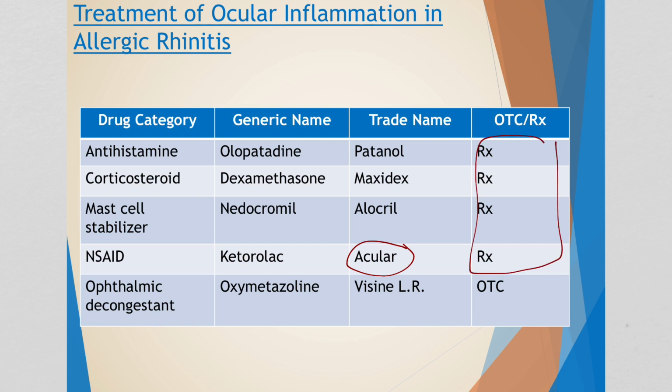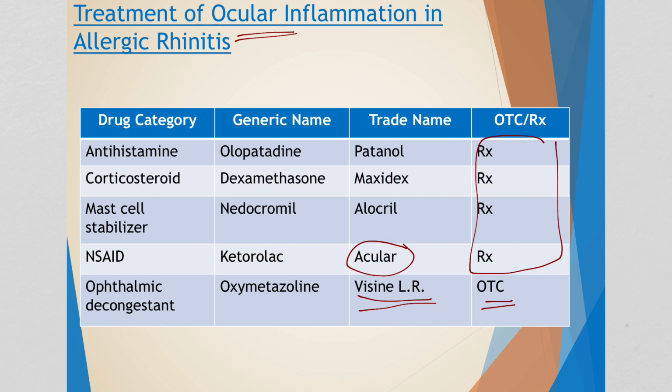The only eye drop I've seen that can be used to treat ocular inflammation over the counter is Visine, and there are lots of iterations of Visine if you go to the pharmacy. For any type of ocular issues with allergic rhinitis, Visine is going to be great.